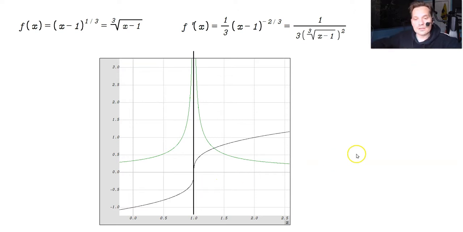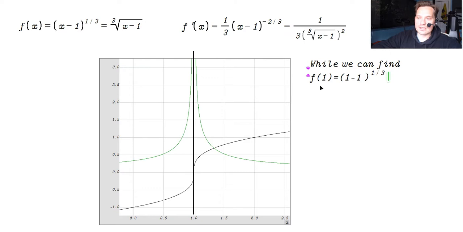What that tells you is the following. While we can find f of 1, no problem, it's just 1 minus 1 raised to the 1/3, but that's just 0 raised to the 1/3, which is 0. No problem. The function is continuous. Right? F is continuous at 1.